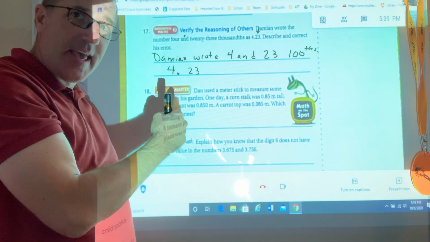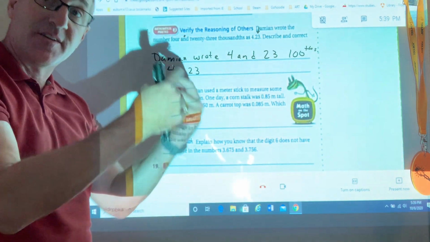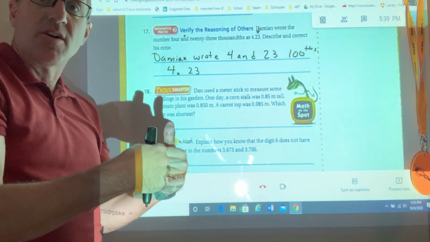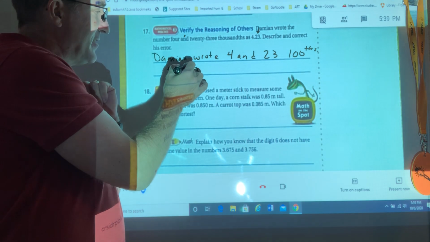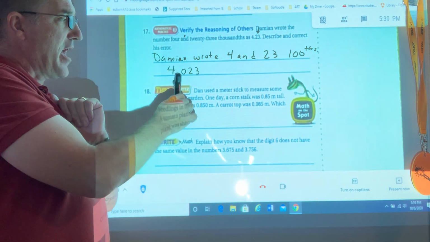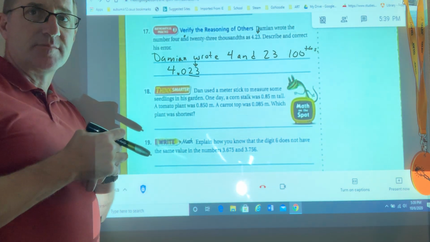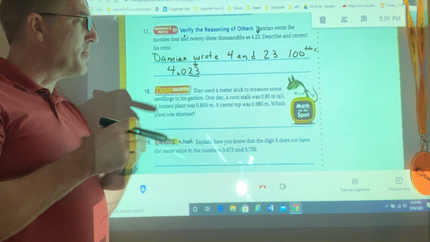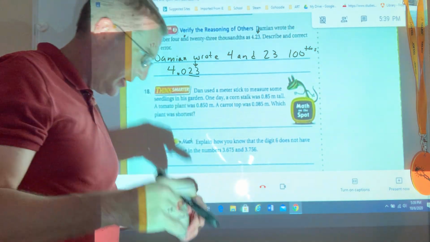And remember what I've been saying, most of the time, whenever I want to add something in decimals and division, it's going to be a 0, right? I can plug in a 0 here. So I'm going to plug in that 0 right here. Now read it. 4 and 23, but now it's in the thousands place. All right? So remember this magic 0. What's my favorite number? 0. I love it. It's great.